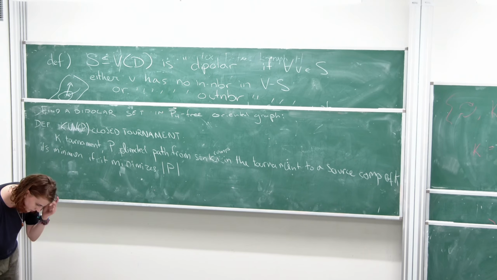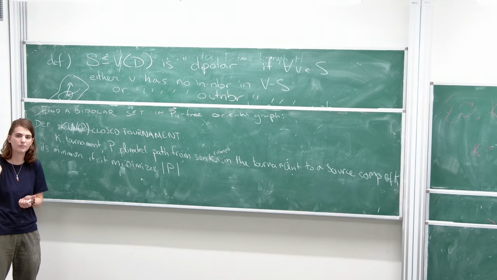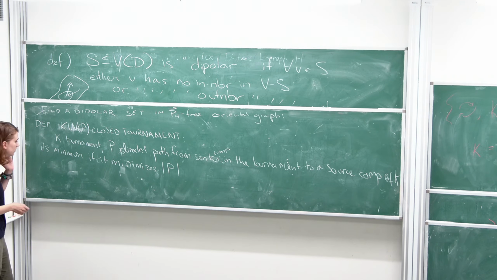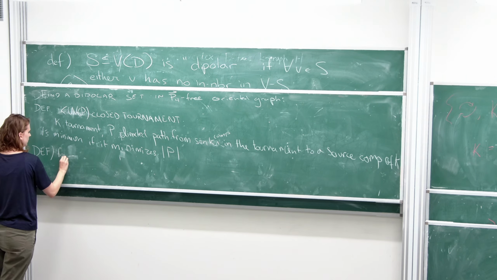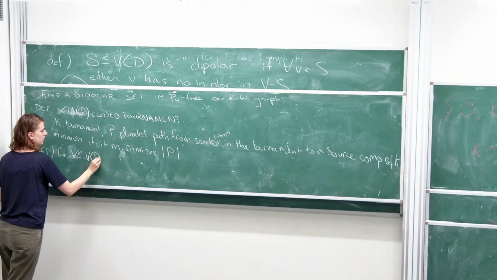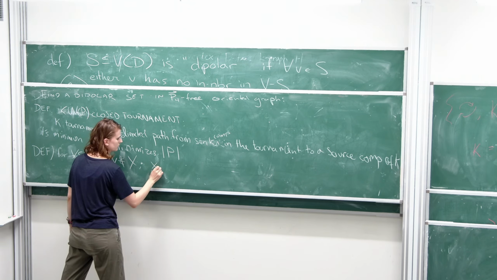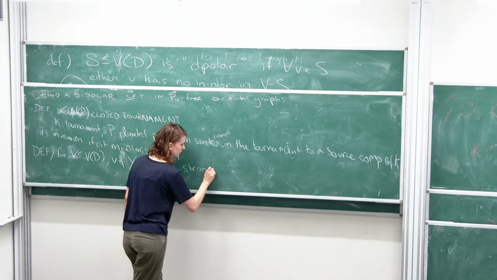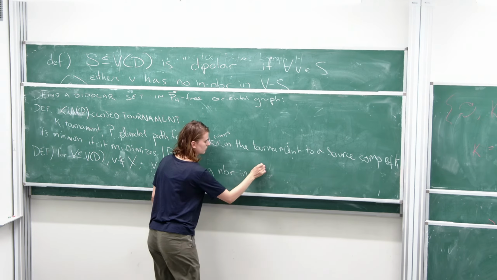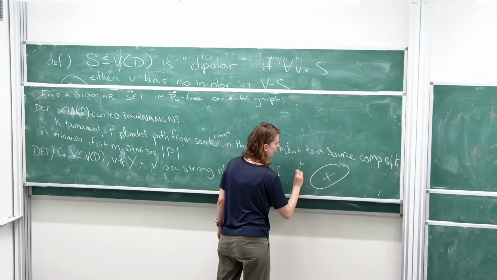And then we're going to say a vertex is a strong neighbor of a set of vertices X if it has both an in neighbor and an out neighbor in X.